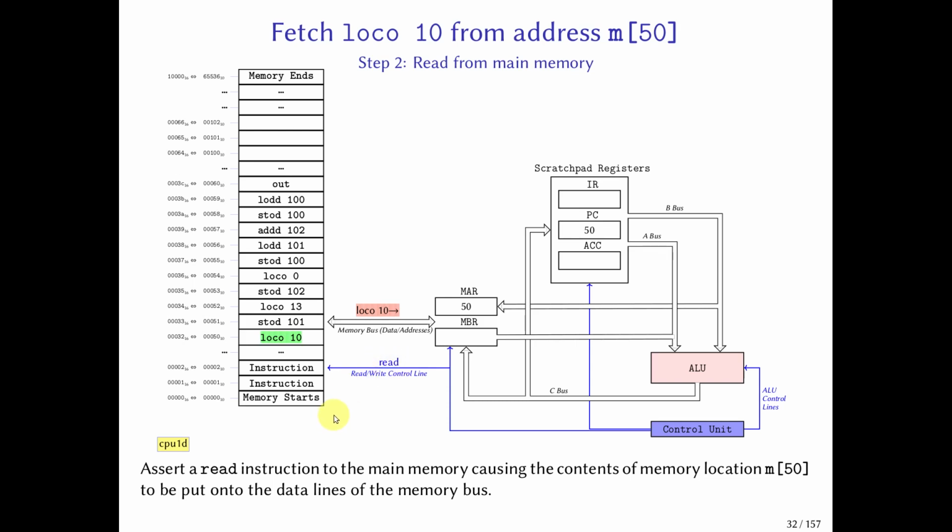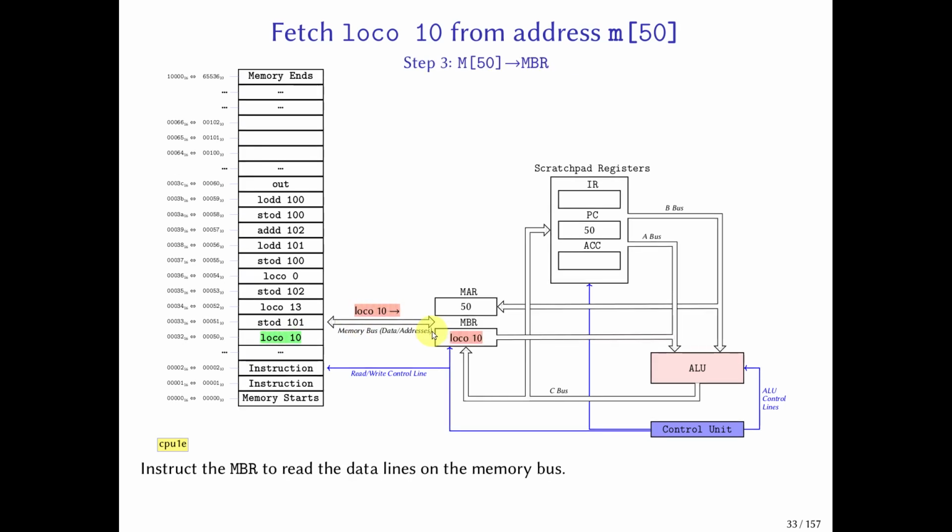It obeys the instruction given to it by the CPU, and the contents of cell 50, which contains the machine code instruction loco 10, are copied over the memory bus and asserted as an input to the CPU.